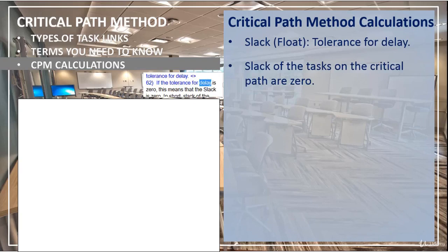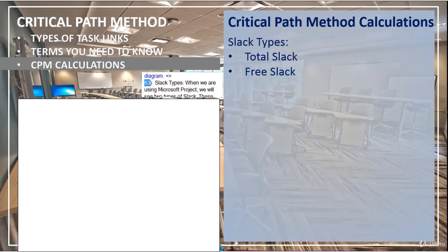If the tolerance for delay is 0, this means that the slack is 0. In short, the slack of the tasks on the critical path is all 0. This is an important piece of information. We will need this information when we determine the critical paths on a network diagram.